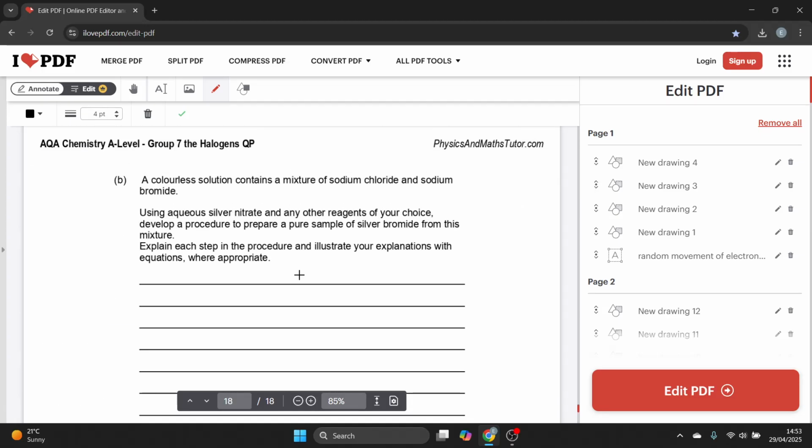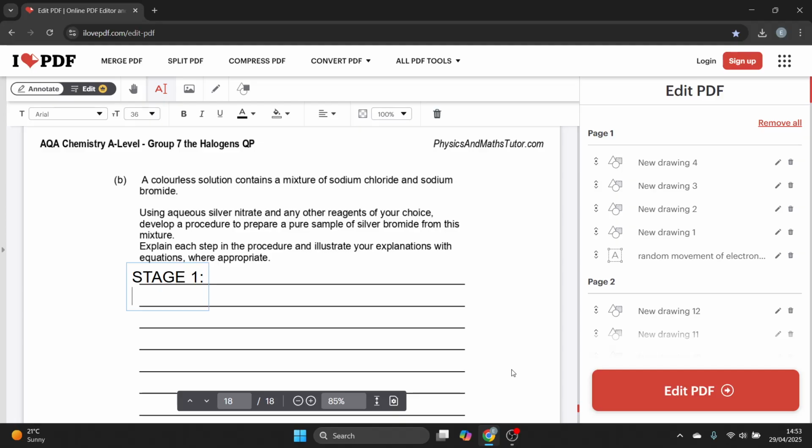A colorless solution contains a mixture of sodium chloride and sodium bromide. Using aqueous silver nitrate and reagents of your choice, develop a procedure to produce a pure sample of sodium bromide from this mixture. Explain each step of the procedure. Illustrate your answer with equations where appropriate.